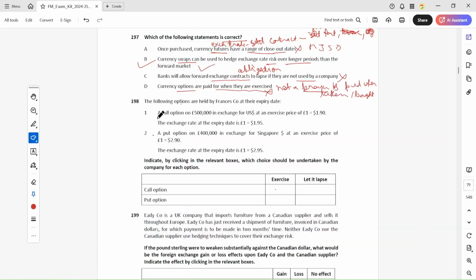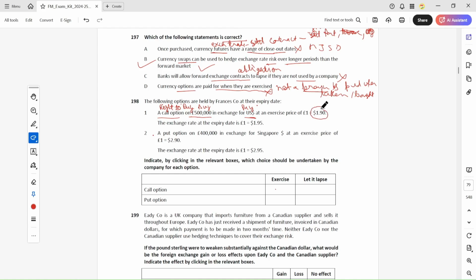Okay, so call option means right to buy 500 pound in exchange for US dollar, which means you buy this and you pay US dollar. So right now you will pay how much?